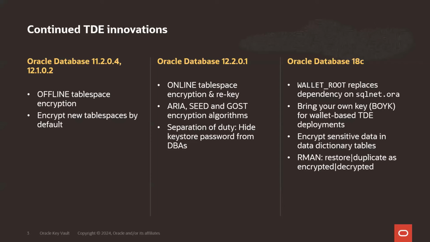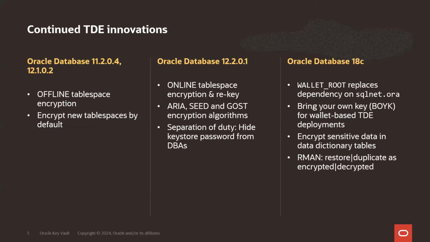Oracle Database 18 introduces valid root. That is a database parameter, and that allows us to be independent from operating system variables and settings in sqlnet.ora. We can also bring our own key or hold your own key for wallet-based TDE deployments.